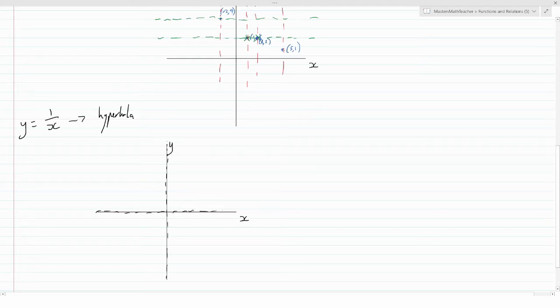I'm just drawing them in black this time. If you were doing this correctly and graphically, you would like to make these different colors. However, for this purpose, I'm using the different colors to see if it's one-to-one or a function. Now, it looks kind of like this. I'll go with my blue this time. Boom. And boom. So this is my hyperbola.